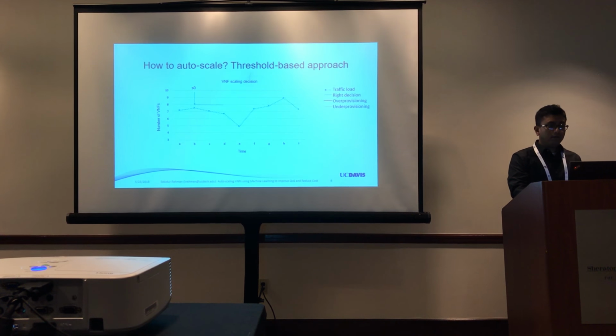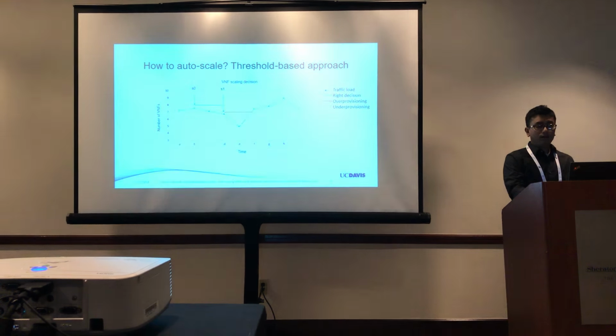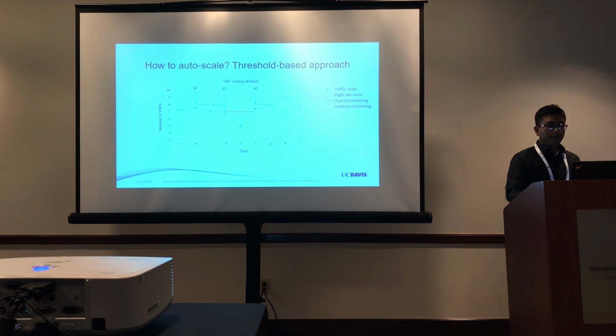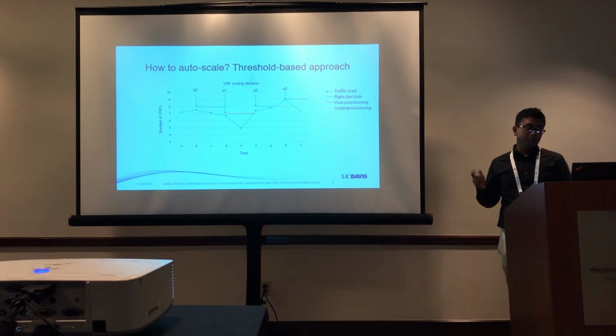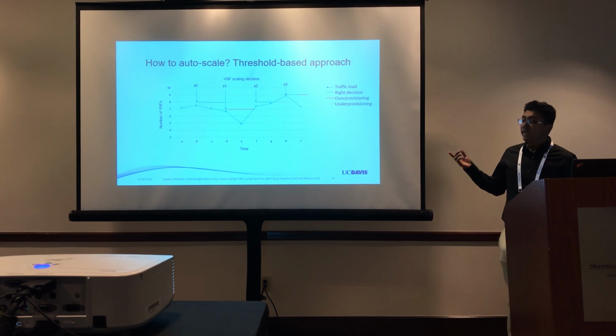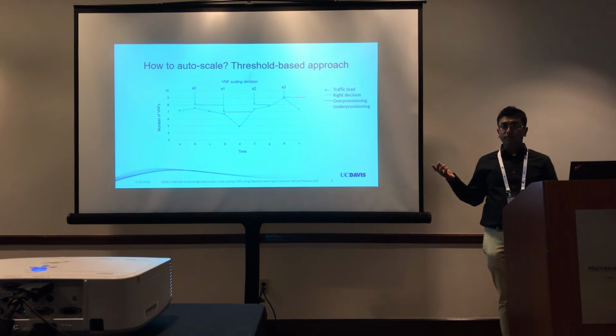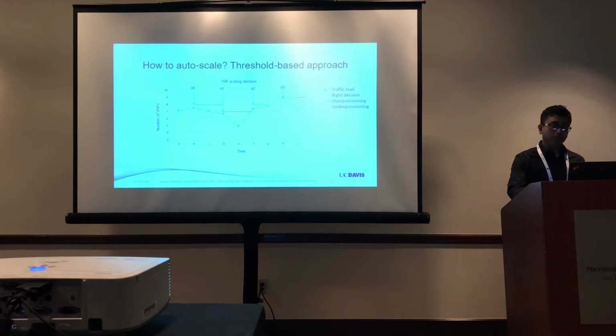Then it goes down, goes up with the threshold. But as you can tell, in many cases the decisions made will be over-provisioning and under-provisioning resources, which we actually don't want.